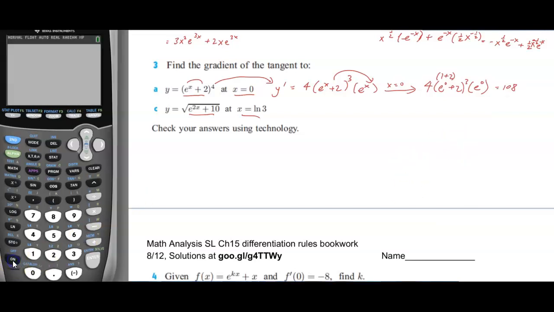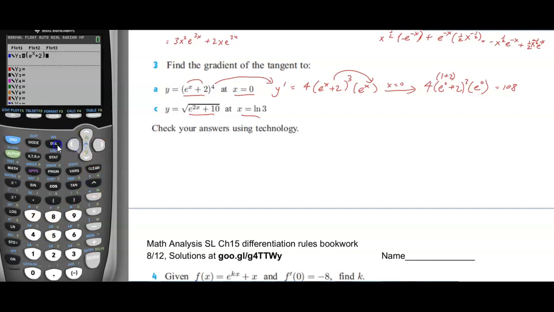We're going to put the original function into y equals. So I'm going to put parentheses e to the x, right arrow, plus 2, to the 4th.